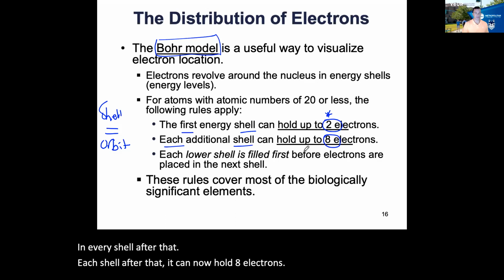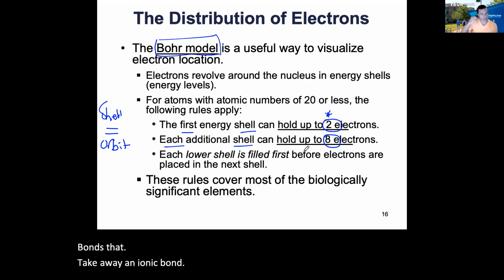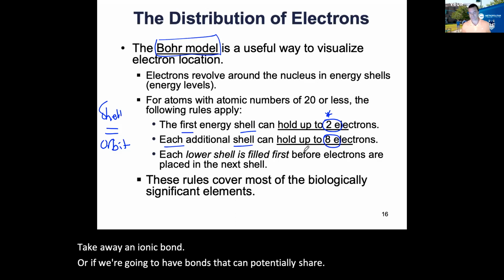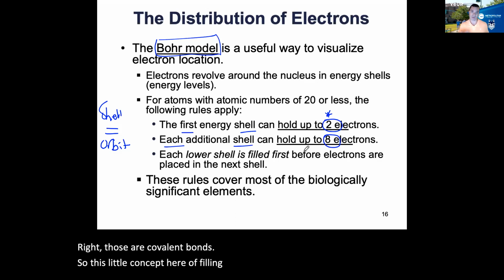This little nugget of information will allow you to figure out if we have bonds that take away, like an ionic bond, or if we're going to have bonds that can potentially share. Those are covalent bonds. So this concept of filling a shell before we get to the next one is important.